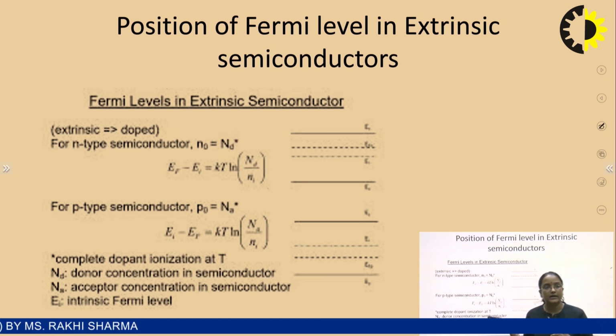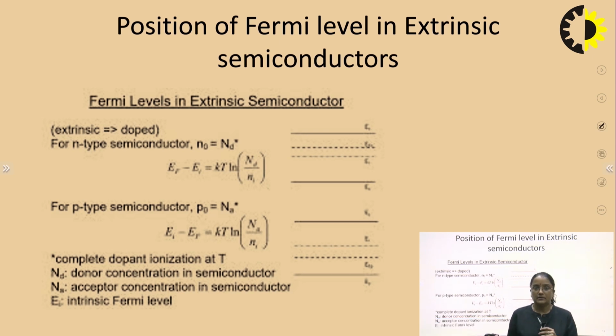NA is the effective density of states, or the acceptor concentration in your semiconductor, and NI is your intrinsic carrier concentration. So these are the equations defining the position of the Fermi level for your N type and for your P type.